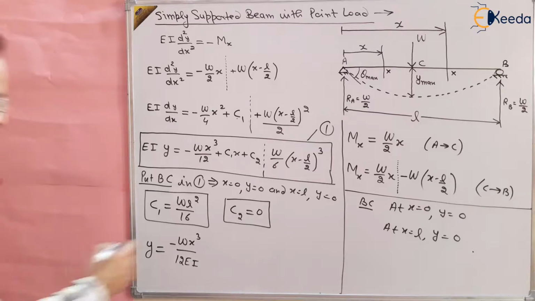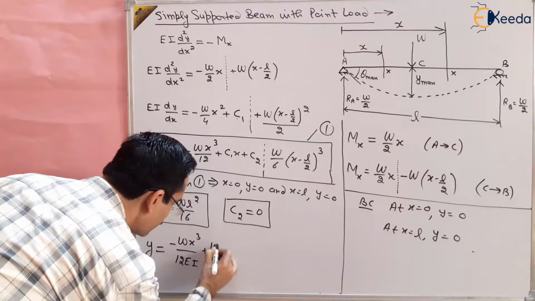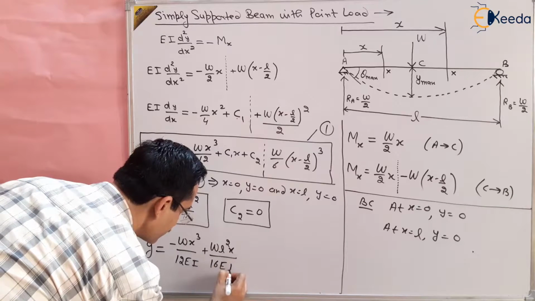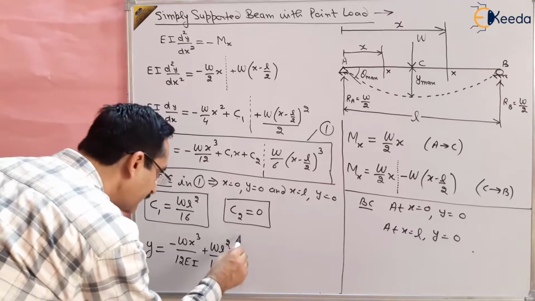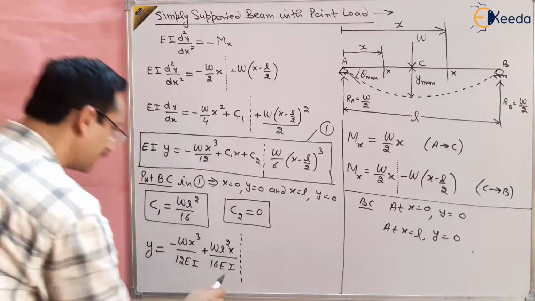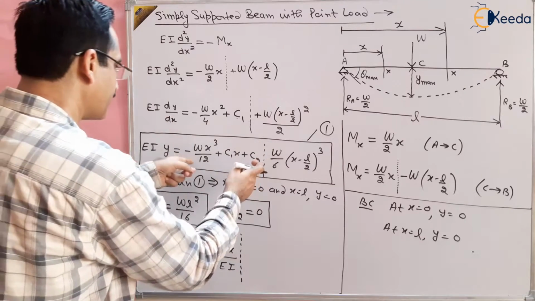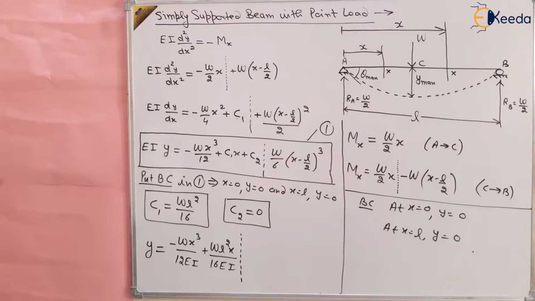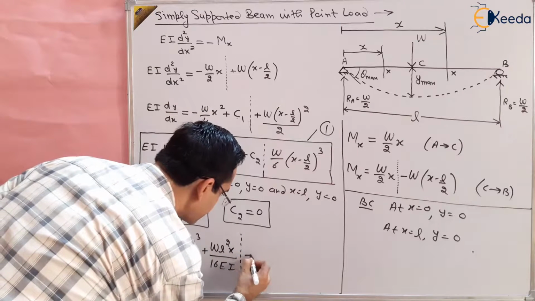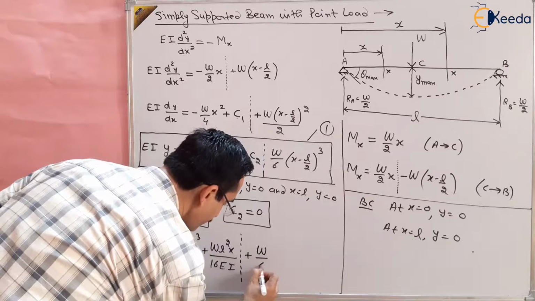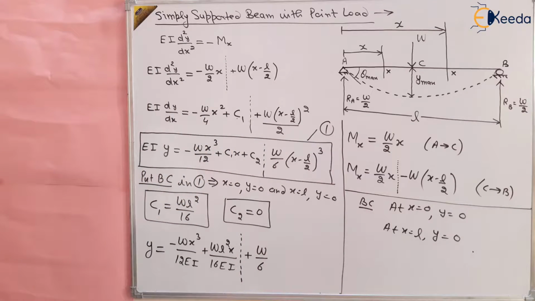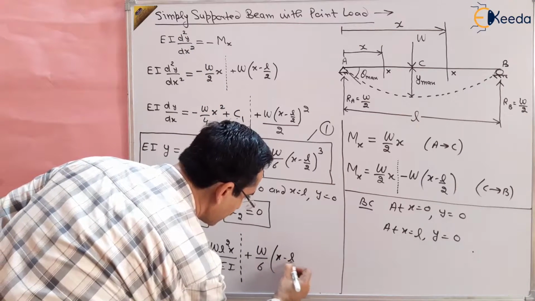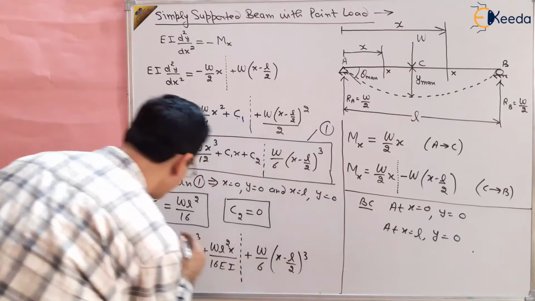So you will get plus w L square x by 16 EI, and this is valid between A to C. Remember this part we have written, which is valid between A to C, and plus w by 6 EI times (x minus L by 2), same thing, x minus L by 2 whole cube.